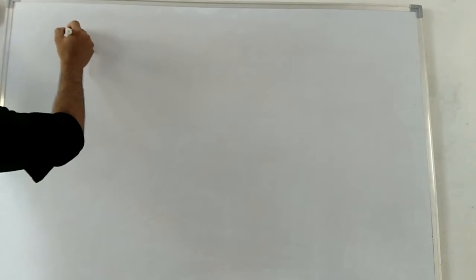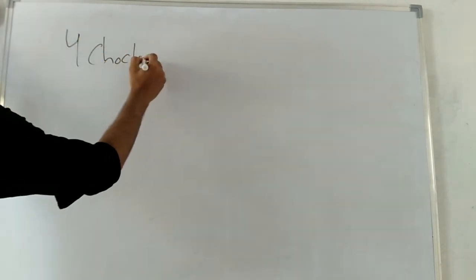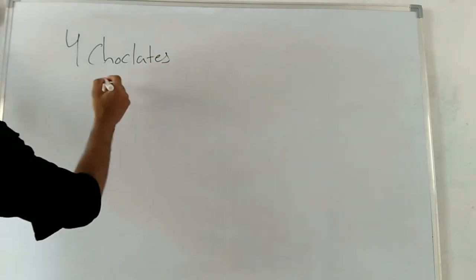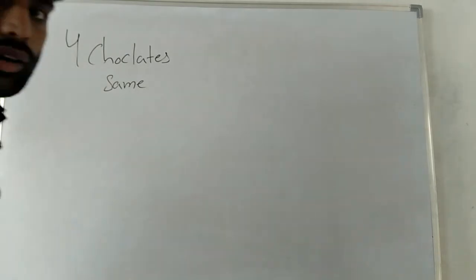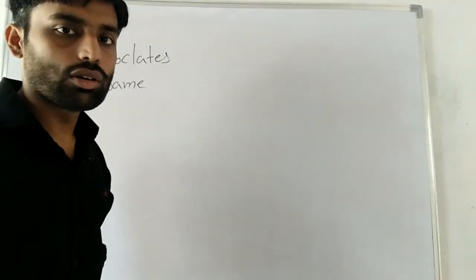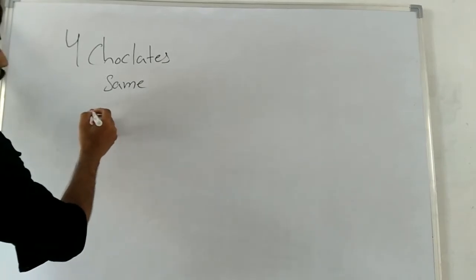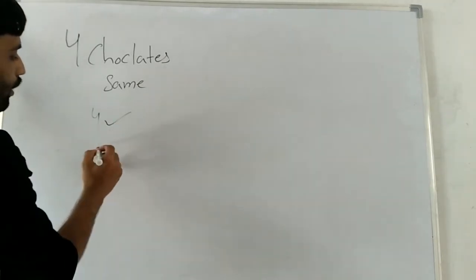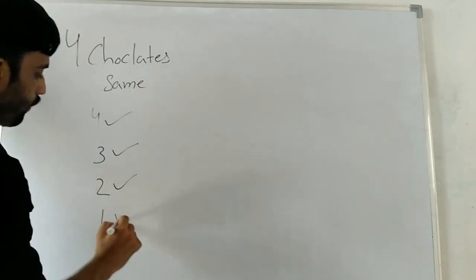The first question is an easy one. We have 4 chocolates. All are the same, so there is no point of choosing the first chocolate, second chocolate or third chocolate, but there is a point of choosing. We can choose 4 out of 4, 3 out of 4, 2 out of 4 or 1 out of 4.